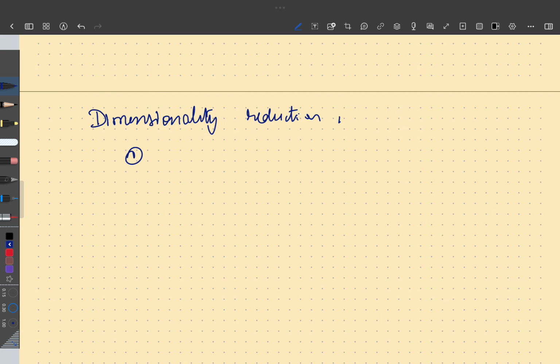The first is the case where, given x1 through xn, we want to preserve or approximately preserve pairwise distances.